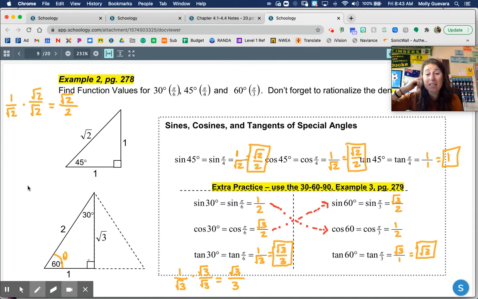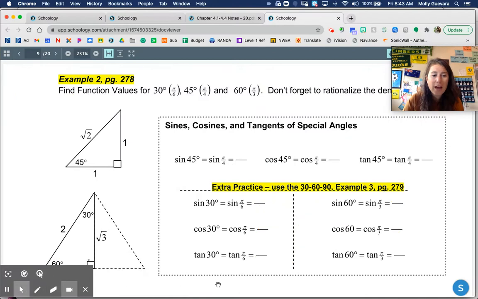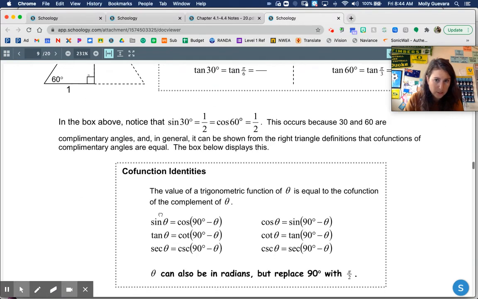So their sines and cosines are switched, meaning the sine of one is the cosine of the other. And the cosine of that one is the sine of the other, and so on and so forth. And that happens anytime that there's complementary angles. So I want to scroll down here.